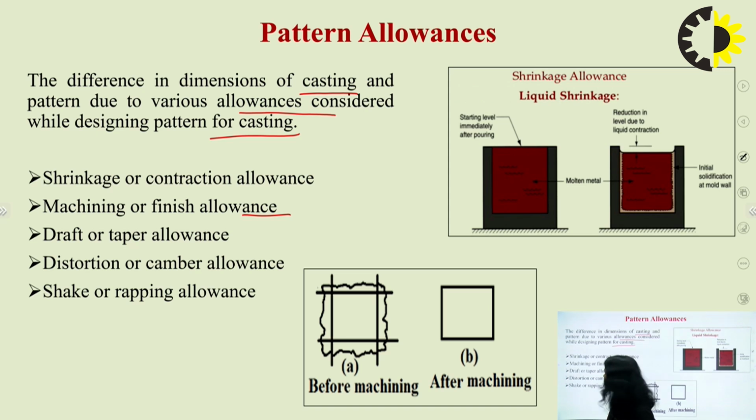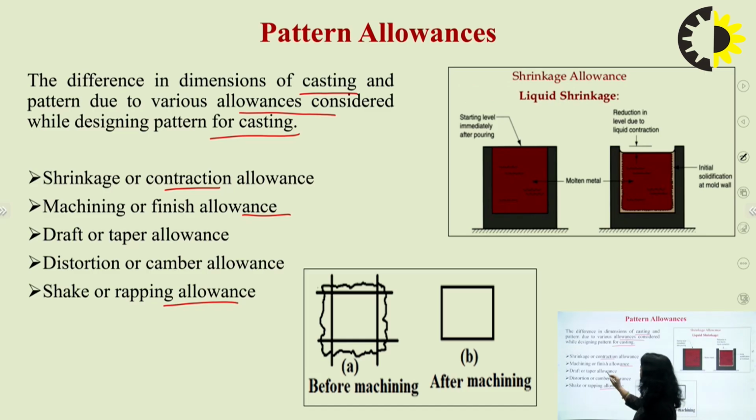We can have the requirement of shaking or wrapping. There can be shrinkage or contraction. There may be vertical surfaces present. So for all these, we need the allowances. We will discuss these allowances one by one in detail.